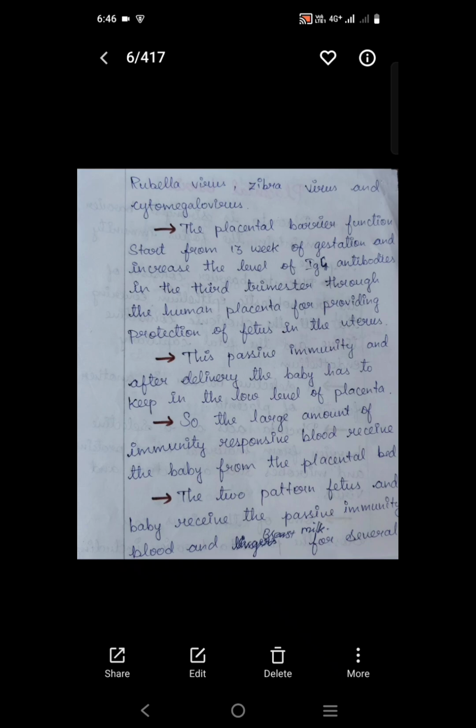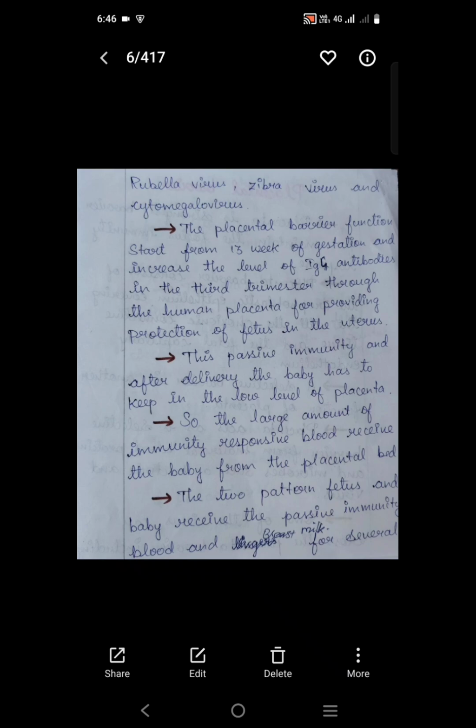So the baby receives that complete blood from the placenta. That blood gives immunity to the baby after delivery, so a large amount of immune-response blood is received by the baby from the placental bed.